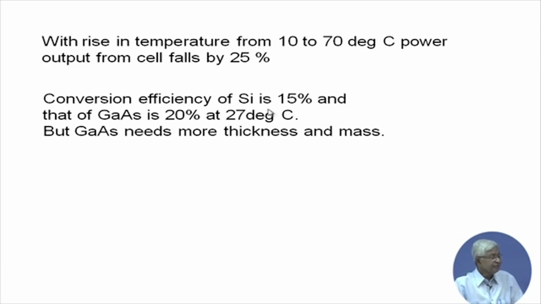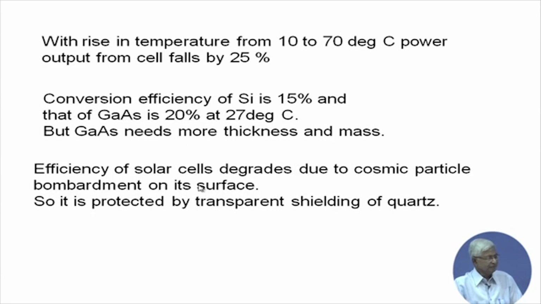Then the conversion efficiency in silicon is lower, gallium arsenide is higher at normal temperature, but gallium arsenide has more thickness and more mass. So, before selecting gallium arsenide, that compromise has to be seen, because weight is increasing, your fuel requirement for launching will be increasing, etc. So this is also another consideration for selection.